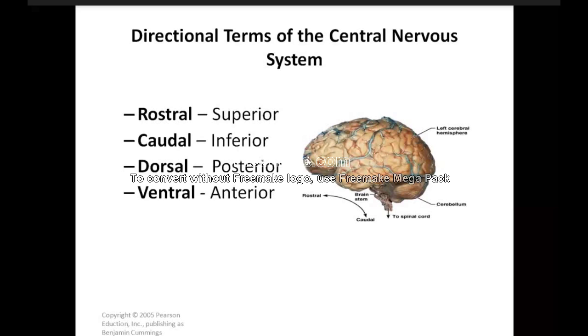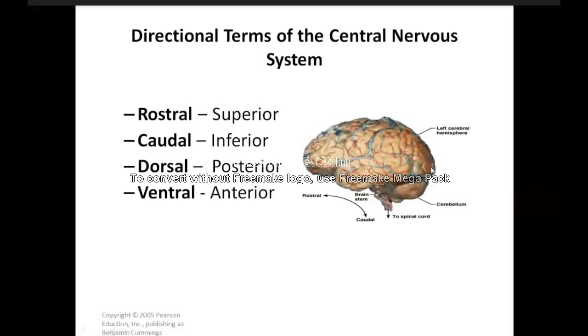Here, this part is rostral, this part is the caudal, and then ventral and the dorsal. These are the different terminologies you use here.